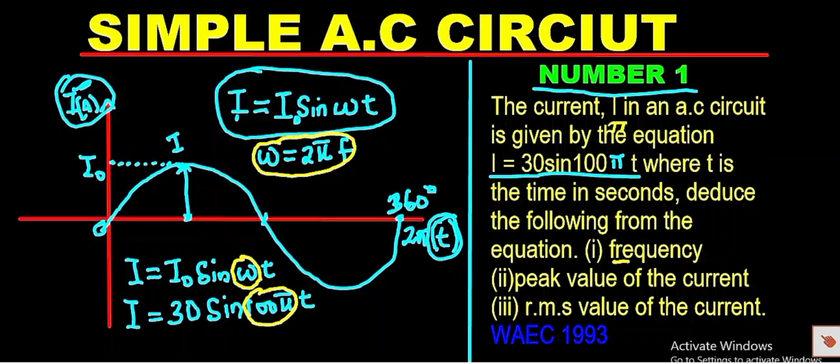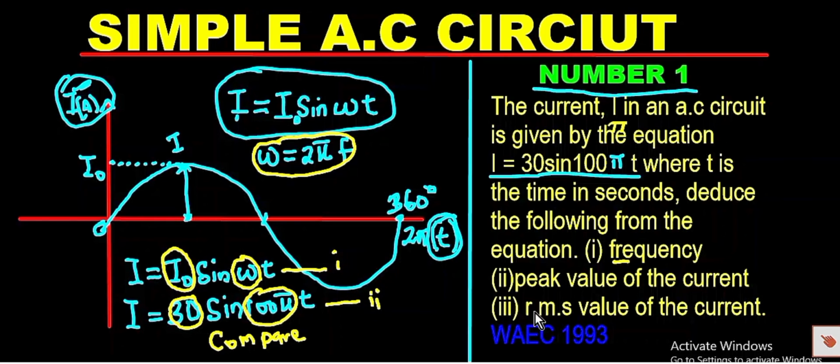And I naught is going to be compared with this 30. Therefore, if I compare them, not really equating them, compare equation 1, this is equation 1 and this is equation 2.